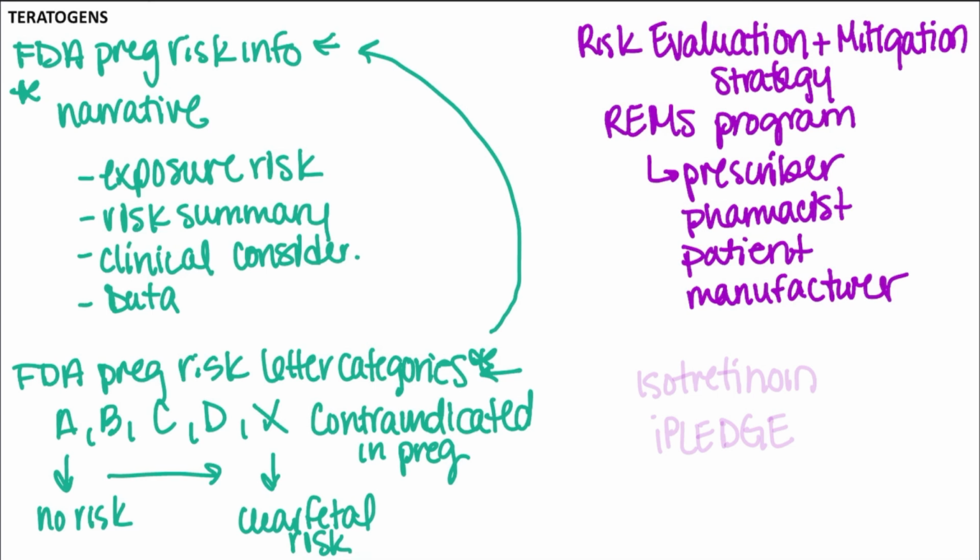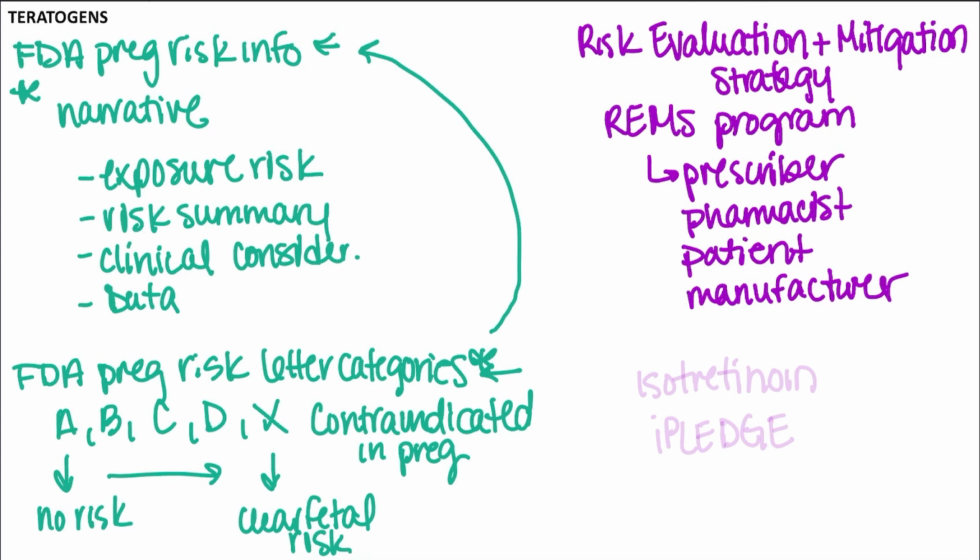So when talking about teratogenic medications, the REMS program may require different elements to assure safe use, such as a signed patient-prescriber agreement for a drug that may cause birth defects, a negative pregnancy test each month prior to the medication refill, or the use of 2 forms of effective contraception for the duration of therapy.